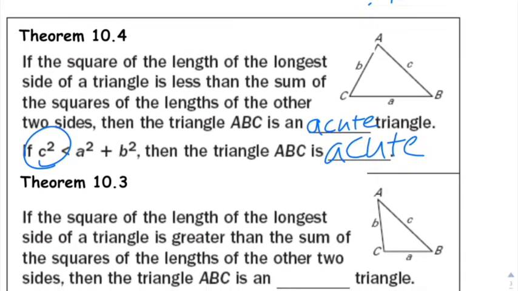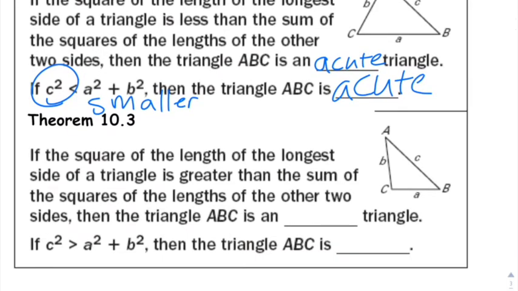If the c squared is smaller than the sum of the other two sides, then you have an acute. Then you're going to say, well, what if it is actually larger? You got another theorem for that. You're going to have an obtuse triangle. Remember, that means you have an angle larger than 90 degrees.